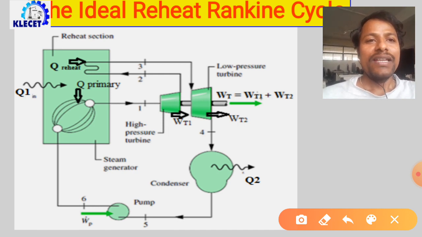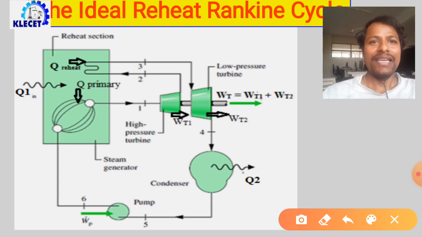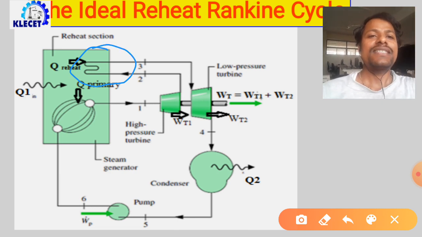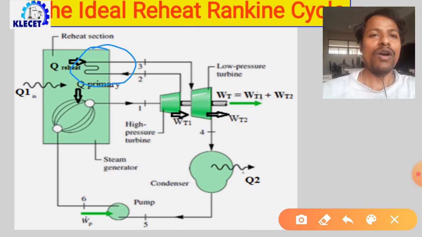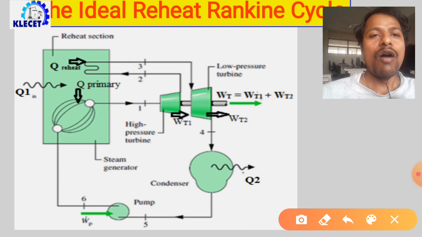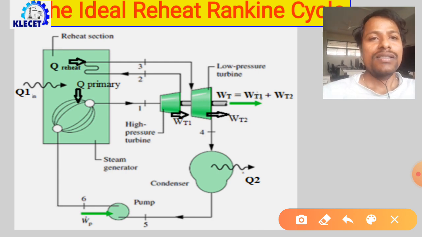The one thing that we can observe as the change in reheat cycle compared to the Rankine cycle is we have a reheater device. This is called as reheat section of the boiler, which is called as a reheater. So let us understand how the reheat cycle works from this schematic diagram.